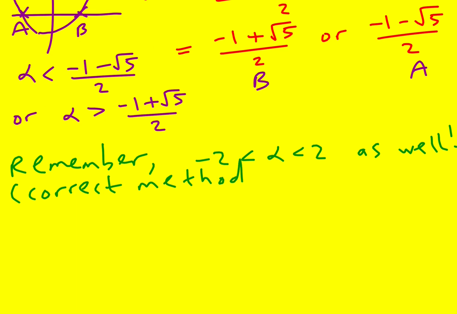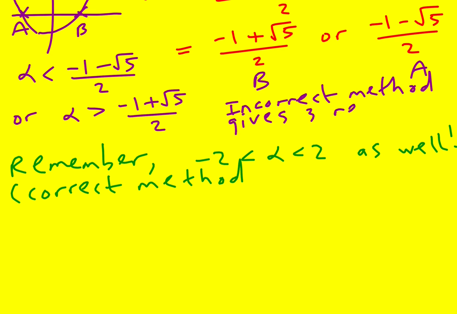Just to recap what is going on here: this purple one, these are the conditions so that the incorrect method gives 3 real roots. And in green, we needed this condition: the correct method only gives 1 real root, which was alpha.